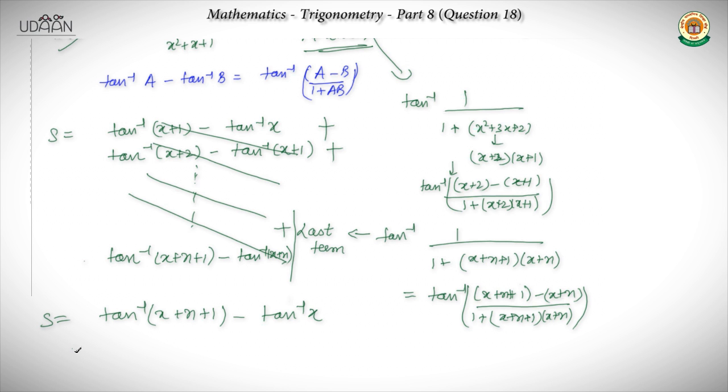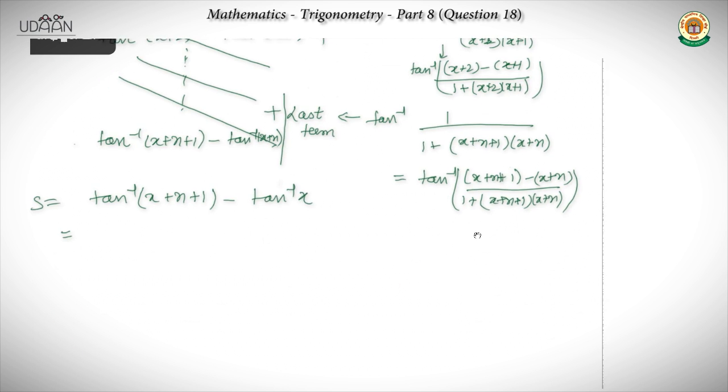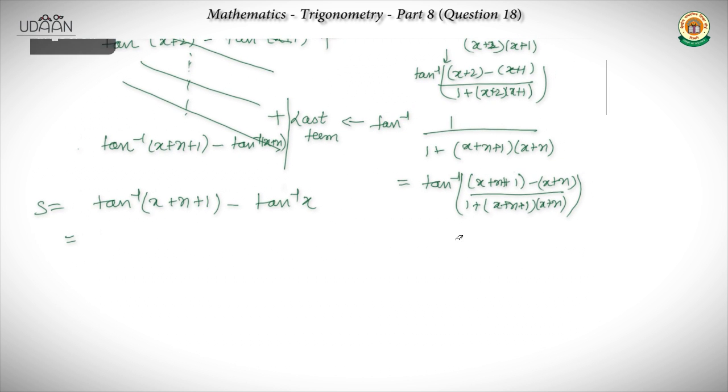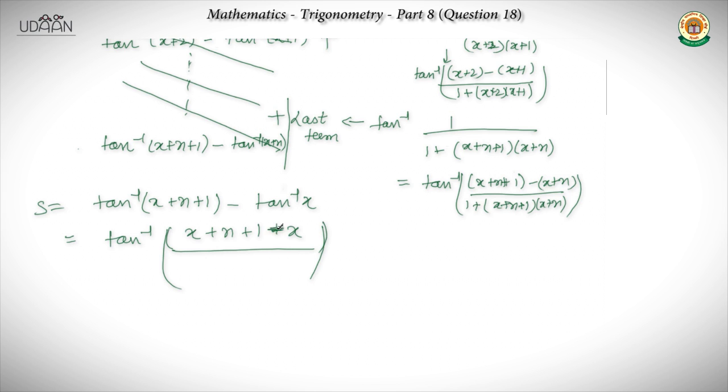Again I'll apply this formula to find the final sum of the series. Tan inverse of A minus tan inverse of B would be what? We have already seen the formula. It's going to be tan inverse of (x plus n plus 1 minus x).